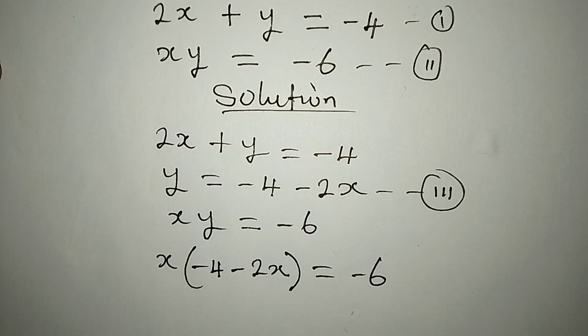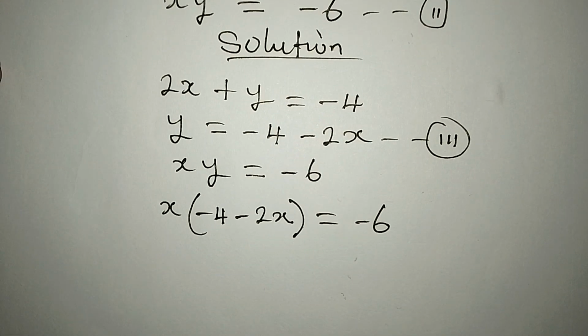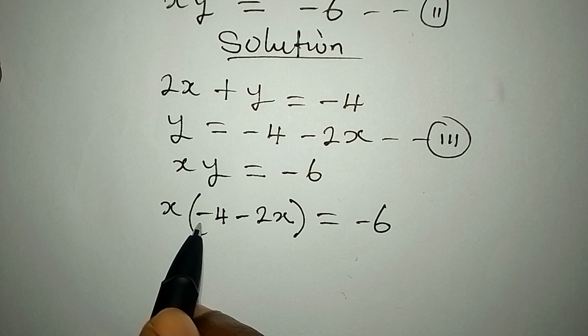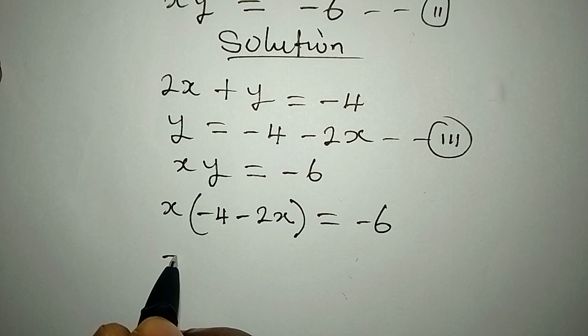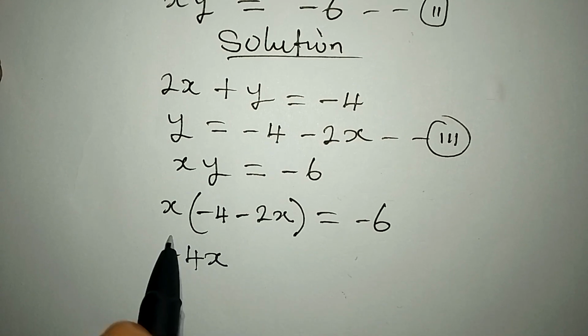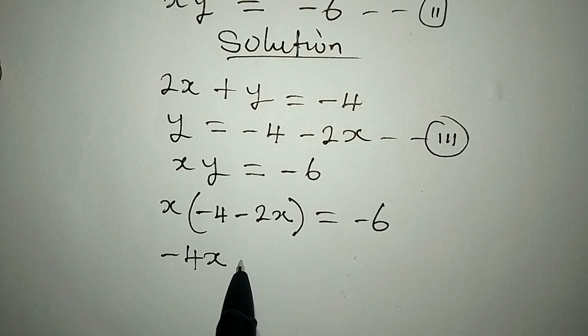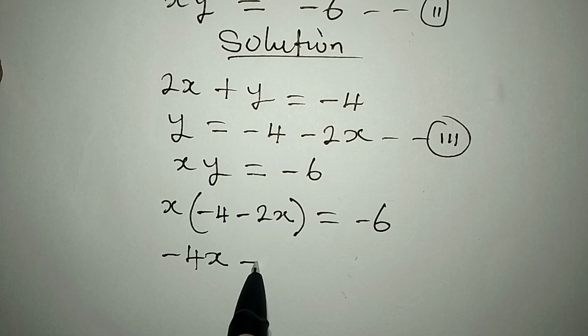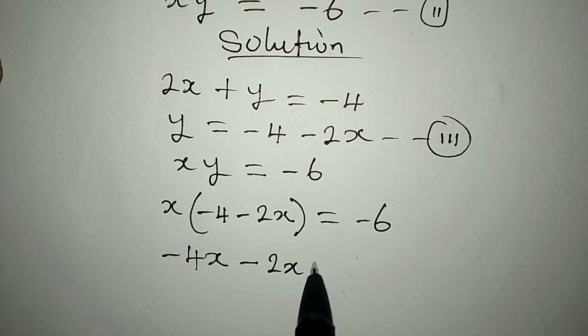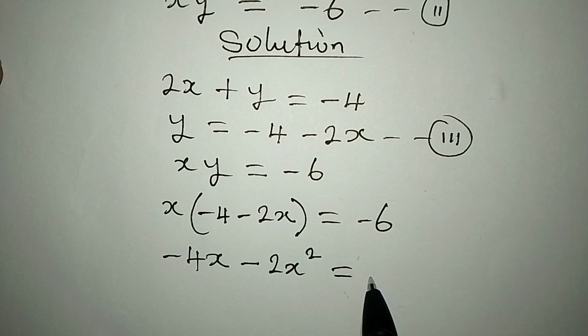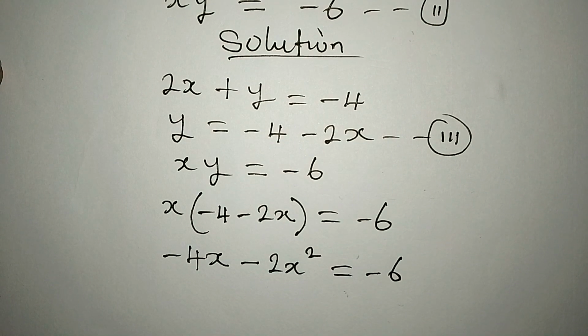And then from here, what do we do? Open the bracket. So -4 times x will give us -4x. Then x times -2x will give us -2x squared. And this is equal to -6.